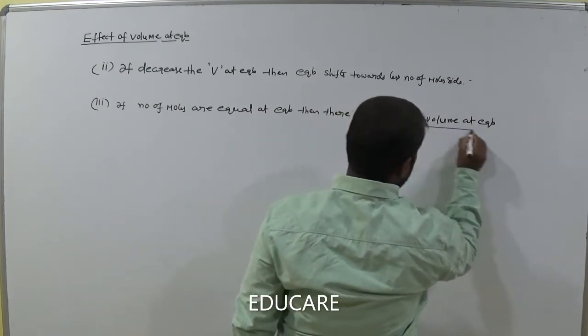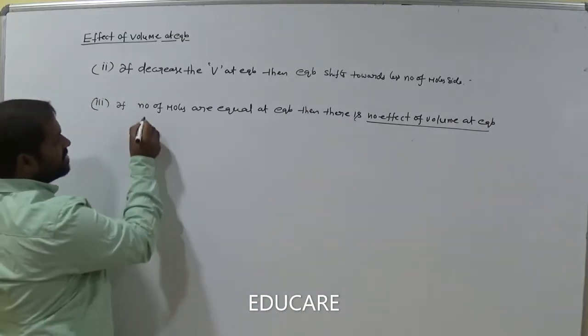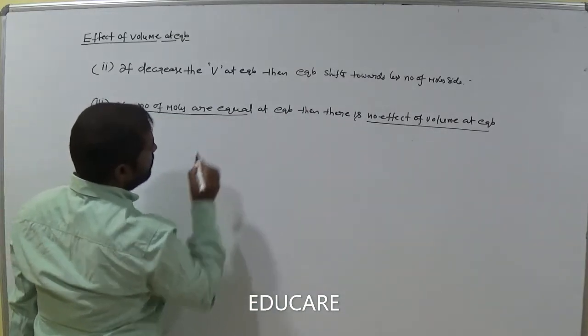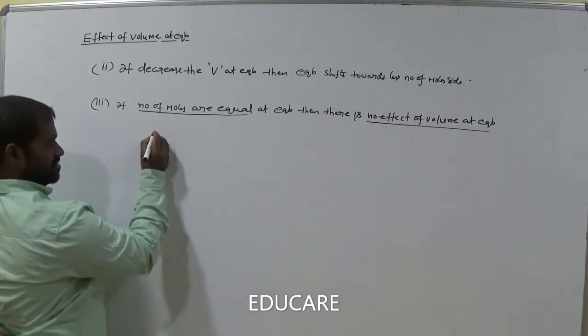No effect of volume. In which case number of moles are equal? In this case there is no effect of volume at equilibrium. So let's see the example.